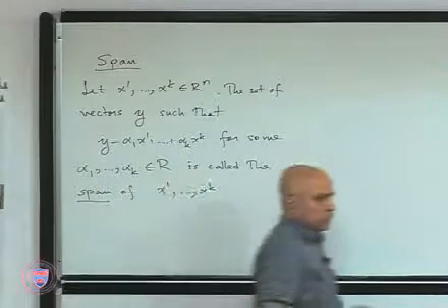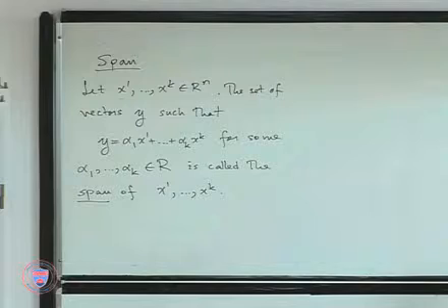So, if you have finitely many vectors x1 through xk, and you take any linear combination of these vectors, the set of such points obtained as a linear combination is your span. Okay?